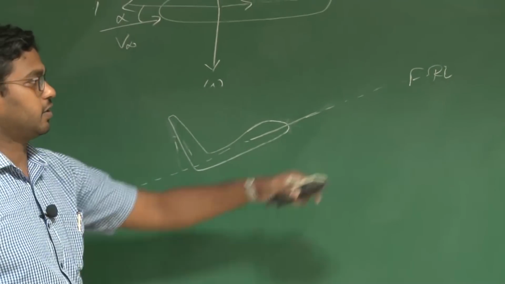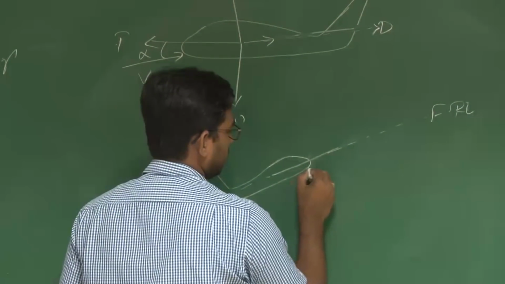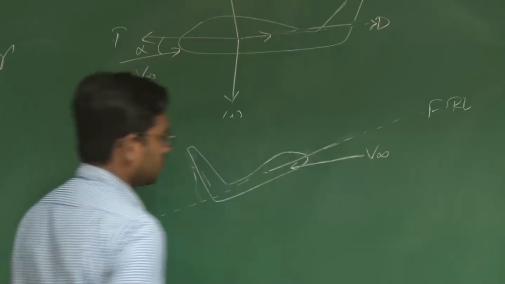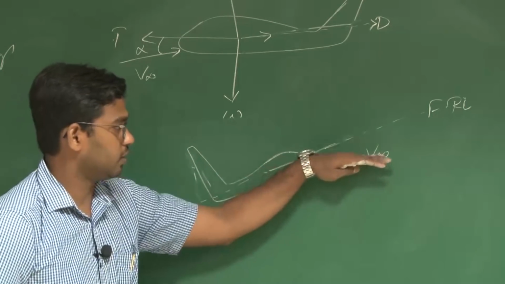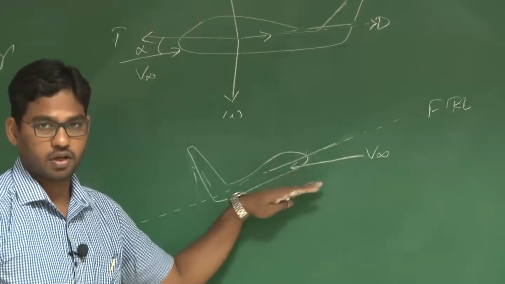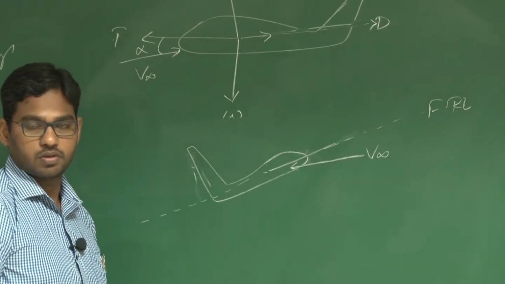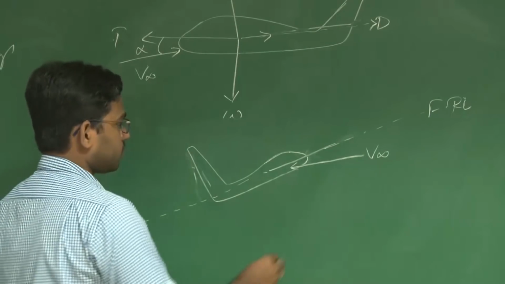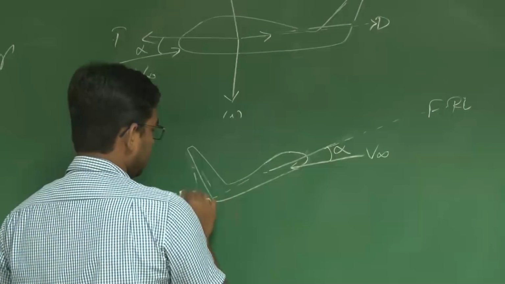My angle of attack is defined with respect to this fuselage reference line. Say this is my V infinity. So what does it mean? My aircraft is actually moving in this direction. That's why you face V infinity opposite to you. So the free stream will be opposite to the direction of your motion. So this angle is the angle of attack.